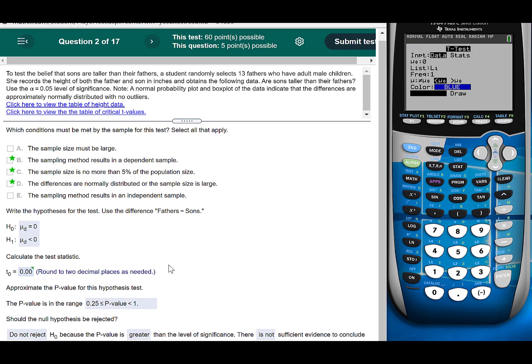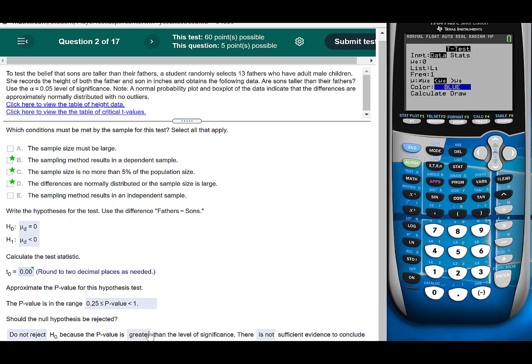And if you guys fail to reject the null hypothesis because the p-value is greater than alpha, you conclude that there is not enough evidence at the 5% level of significance to conclude that sons are taller than their fathers.